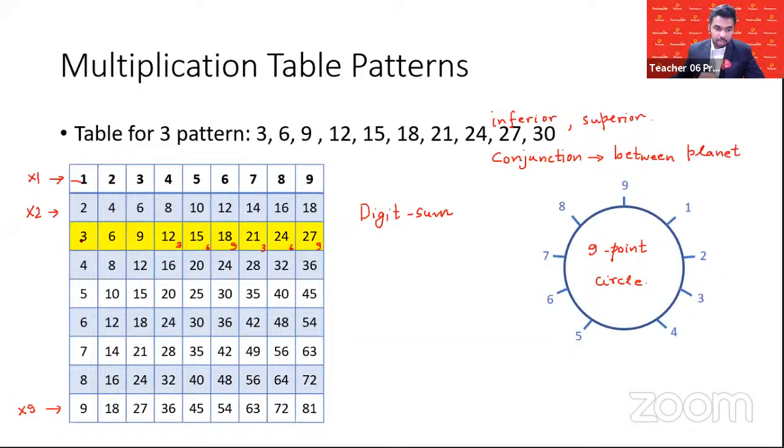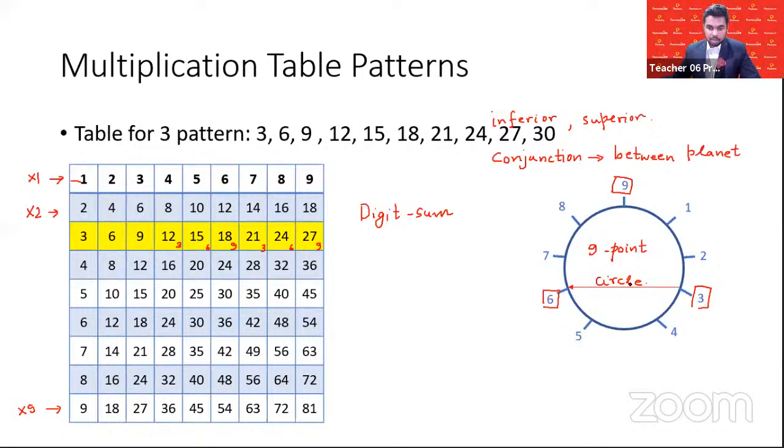So we have the digit sums for the 3's multiplication table as 369, 369, 369. We only need to use these 3 numbers, 3, 6, and 9. So there arises some pattern.